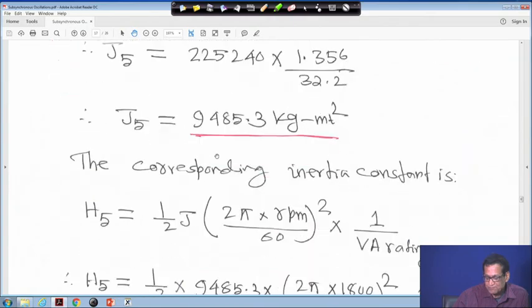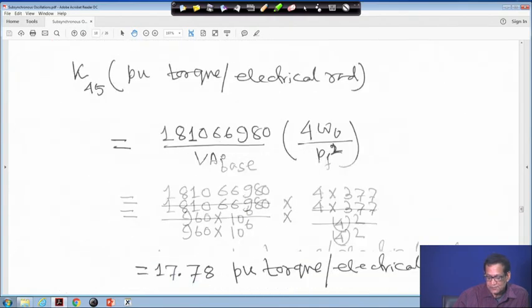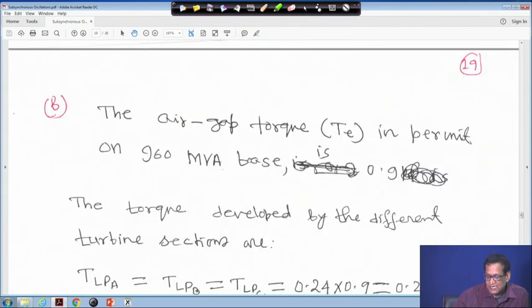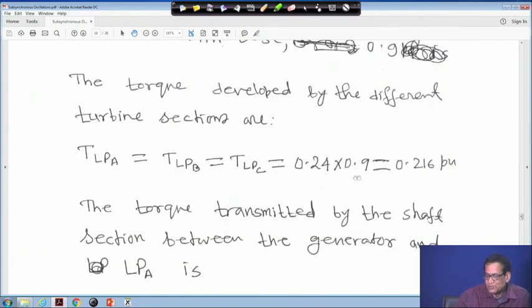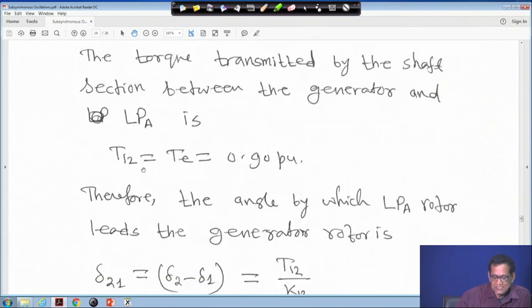So it is 0.24 into 0.9, that is 0.216 per unit for each of the three. For the torque transmitted by the shaft section between the generator and LPA, T12 is equal to TE is equal to 0.9.